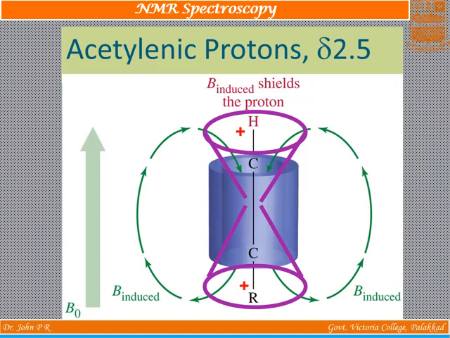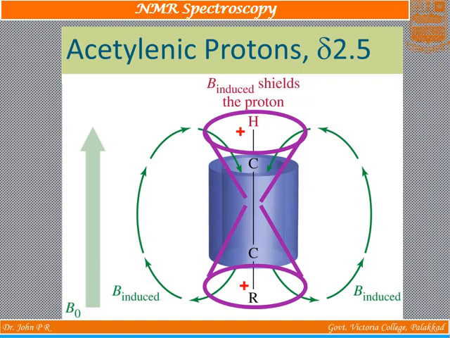If we consider acetylenic protons, it's nearly 2.5. Here the carbon is in sp hybridized state. We know that sp hybrid carbon is more electronegative compared to sp2 or sp3 carbons.